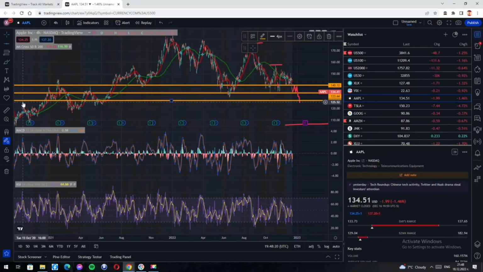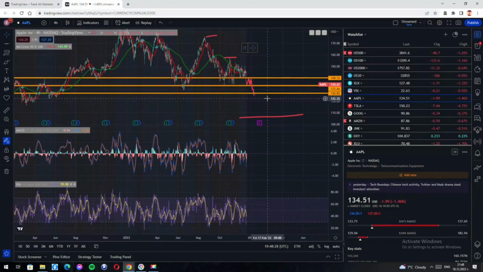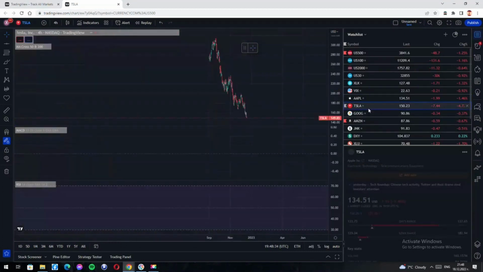Very important support here from October 2020 and here from January. I believe that Apple will end the next trading week at around 126 to 128.